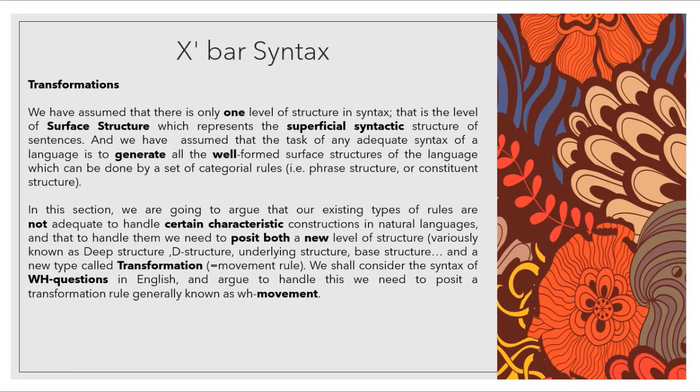So after finishing the part of negation, let's move on to something really interesting, which is transformation. For the part هذه we will see how to draw a tree structure for WH questions. So we have assumed that there is only one level of structure in syntax, that is the level of surface structure, which represents the superficial syntactic structure of sentences.